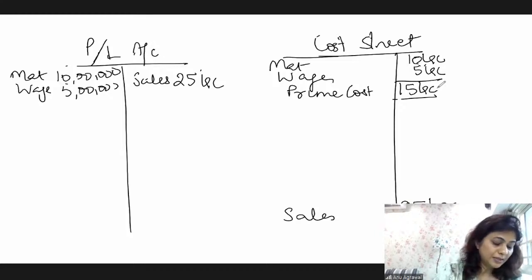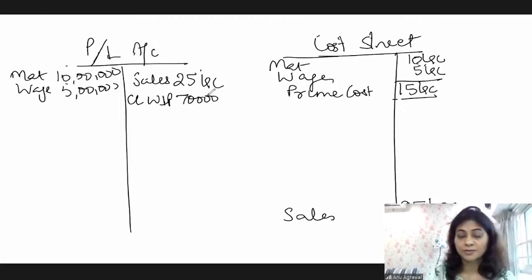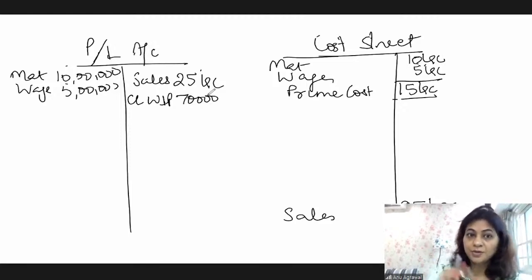They have given me closing WIP: material 30, labor 20, factory overhead 20. So this is 70,000. Here in cost sheet, we find it out.